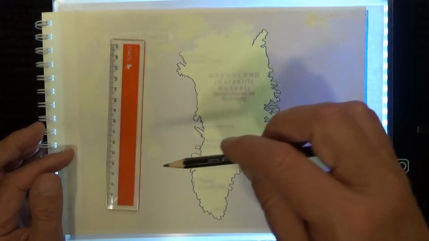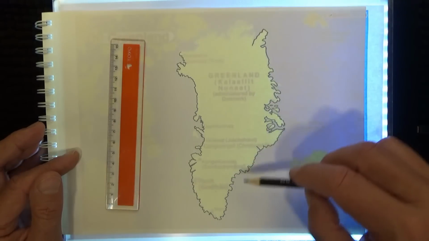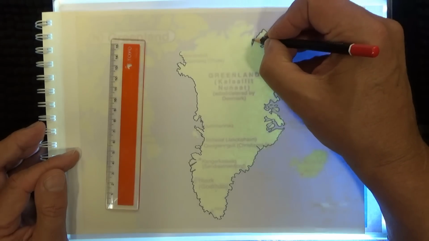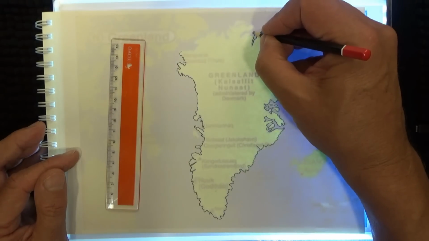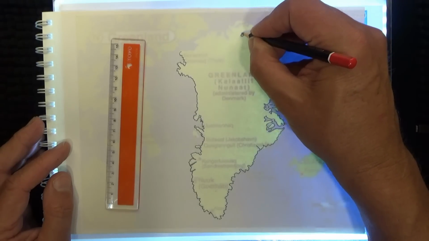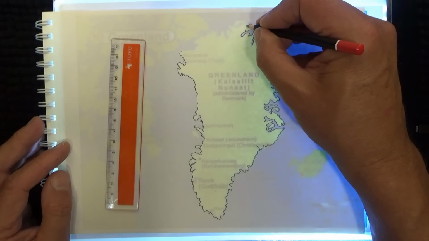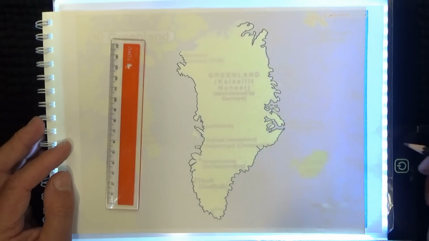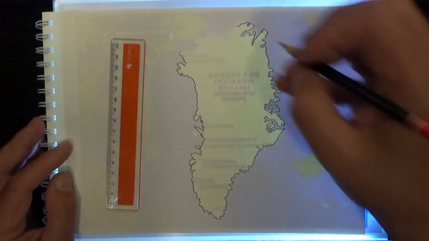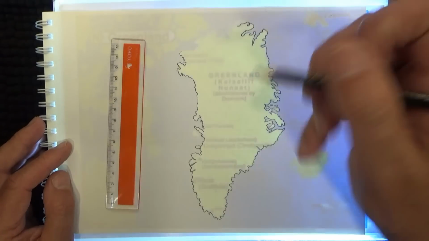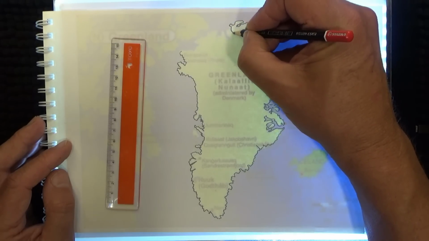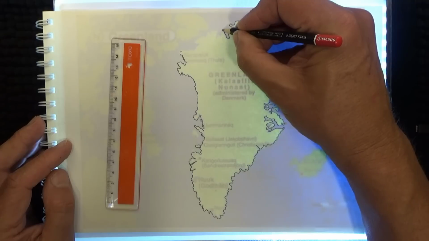The only thing is that the actual map of Greenland is very portrait shaped, I suppose, rather than landscape shape, so the actual map doesn't really suit the page that well, but I think that gives me a chance to draw in the surrounding countries.